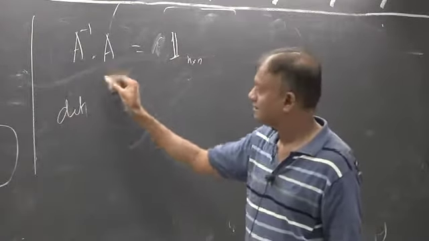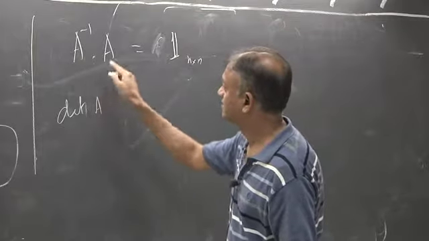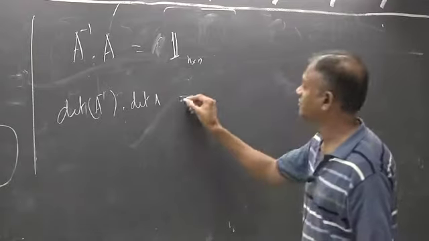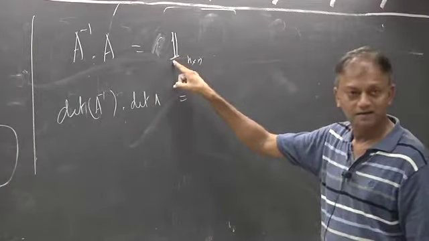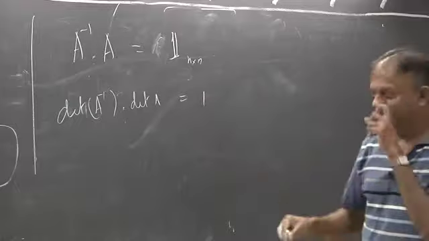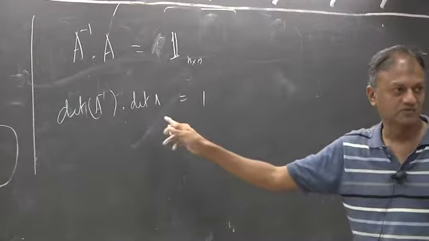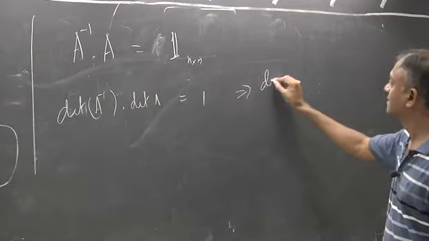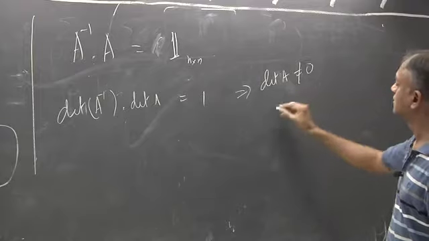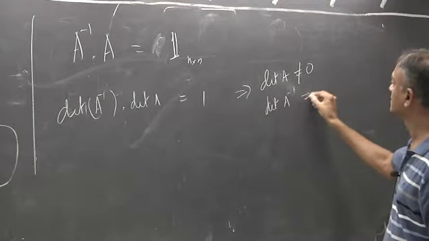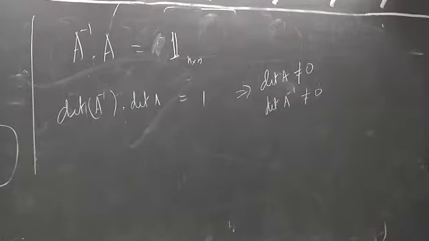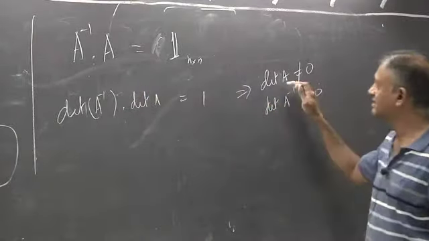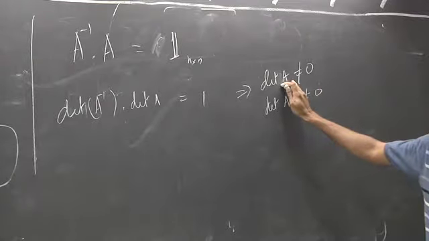The determinant of this is simply the product of determinants, so determinant A inverse times determinant of A, and that's equal to the determinant of 1, which is 1. So it's clear the determinant of A cannot be 0, otherwise this equation will not be consistent. This implies that neither the determinant of A nor the determinant of A inverse is 0. So what this says is that if A inverse exists, then necessarily the determinant of A is not 0.